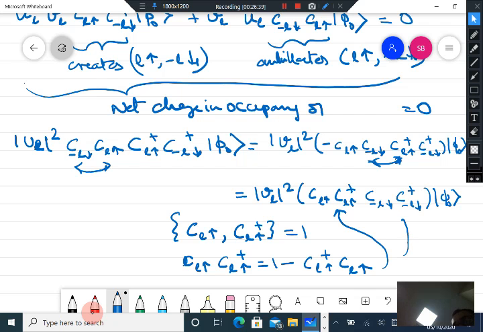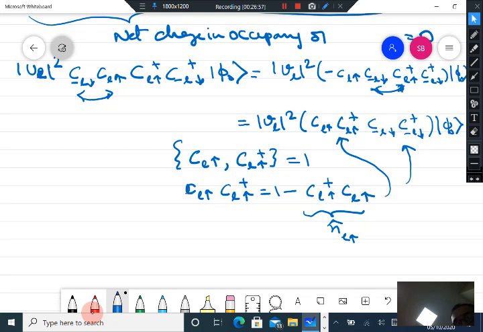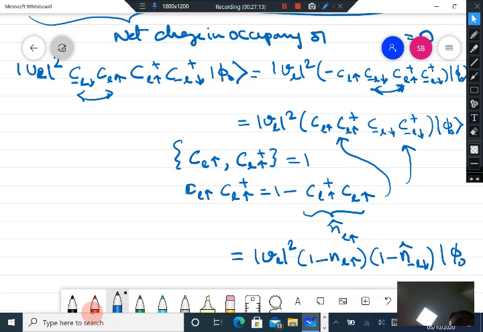And if you recall, CL up dagger CL up is nothing else but the number operator NL, just the number operator. So the above becomes |VL|² into 1 minus NL up into 1 minus N minus L down, acting on phi naught, okay.